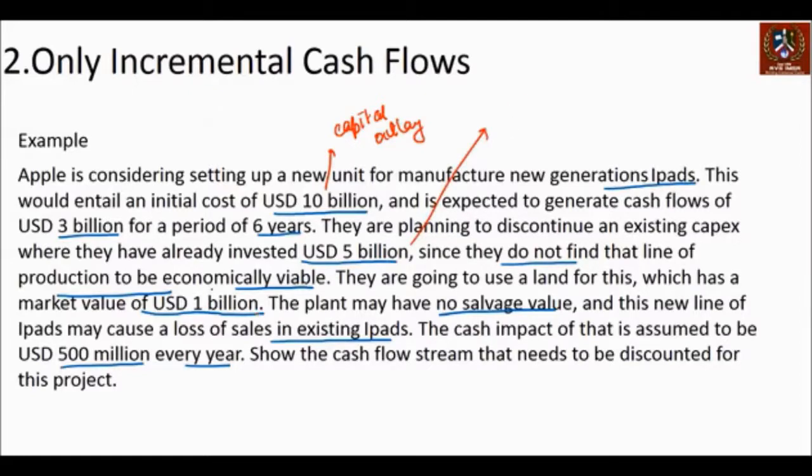Because this is not economically viable, so they can't recover this. So this is effectively sunk cost. What do we do with sunk cost? We ignore it, right? We forget the sunk cost. There is a land which they're going to use, which is for USD 1 billion. What is this? This is opportunity cost, right?